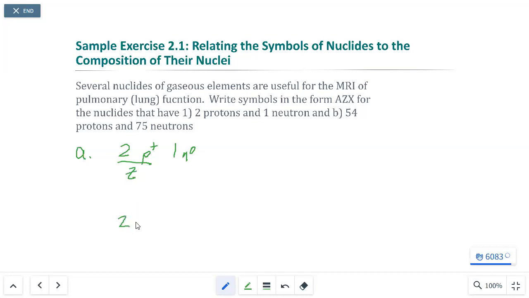So 2 is going to go on the bottom. Element number 2 on the periodic table is helium. 2 plus 1 will give me 3, and that's going to be the mass number. So my nuclide notation for helium here is this. We would refer to this isotope as helium-3.